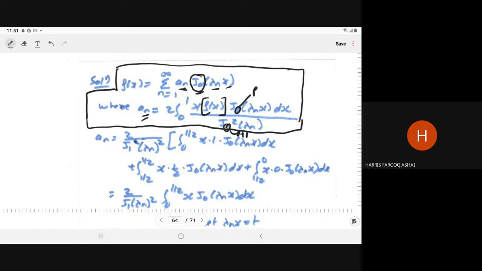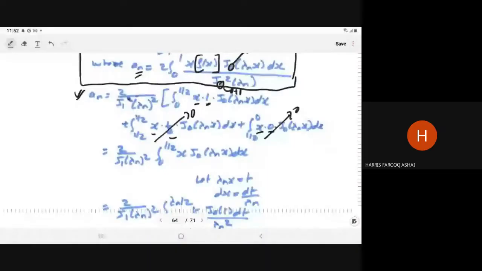So now we have to compute the value of a n. So a n will be 2 upon j p plus 1, so j1 of lambda n square, and integral 0 to 1 x into f(x) into j naught lambda n x.